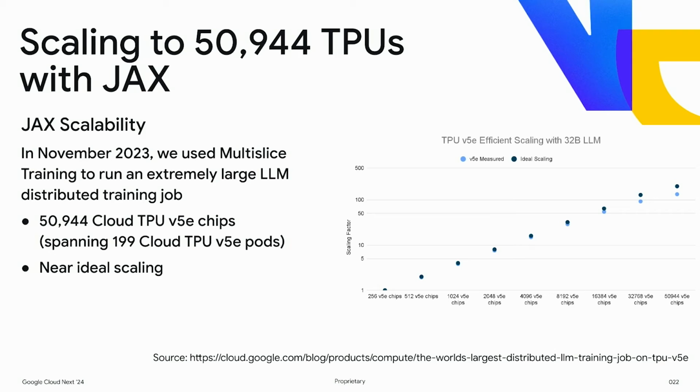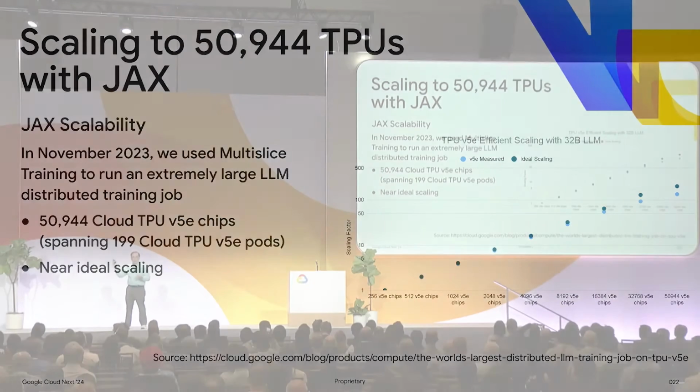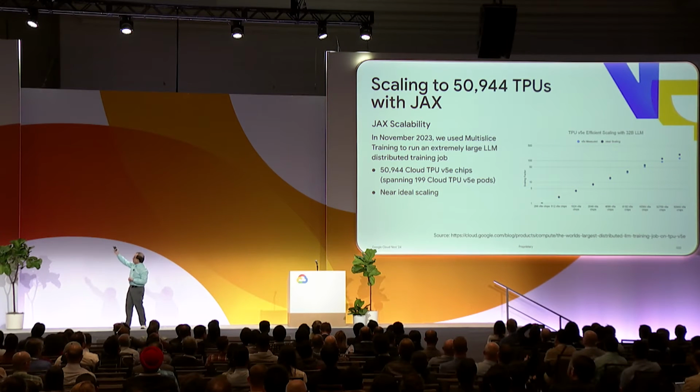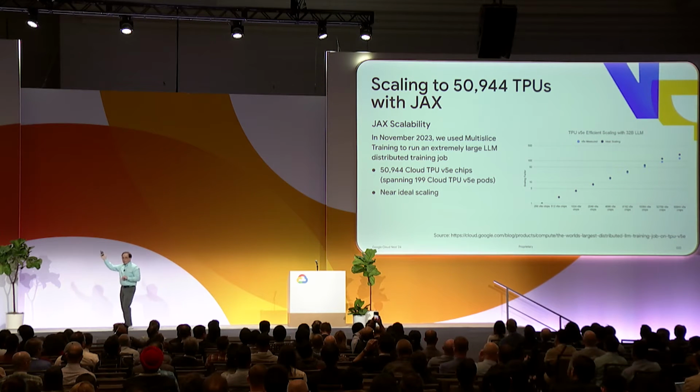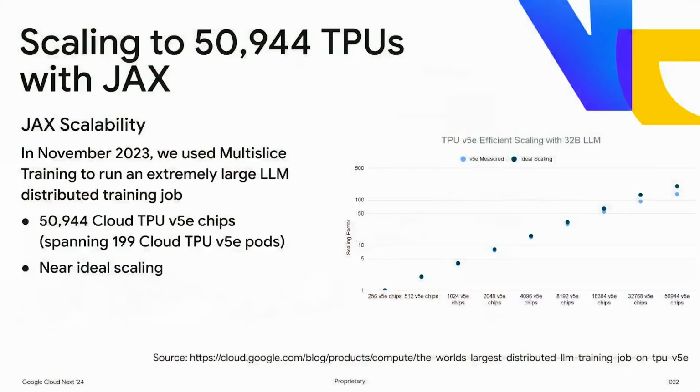And how far can we take this? 50,944 TPUs in one training job. And pay attention to the graph on the right. The dark dots there are the ideal line. If it scaled perfectly, theoretically, that's where we would be. And you can see the light blue dots, which is what we actually achieve, are only slightly below that as we get up to very high levels of chips, something like 8,000 chips.